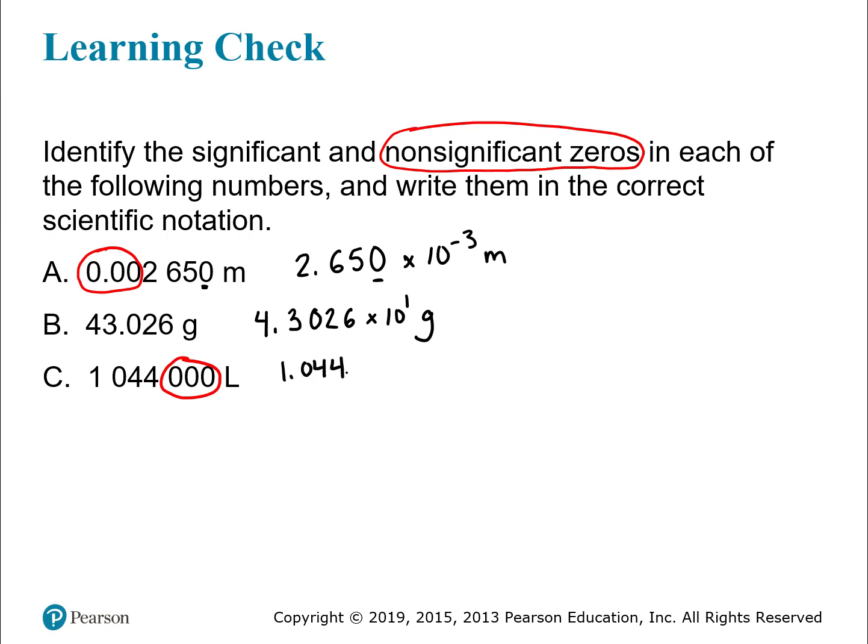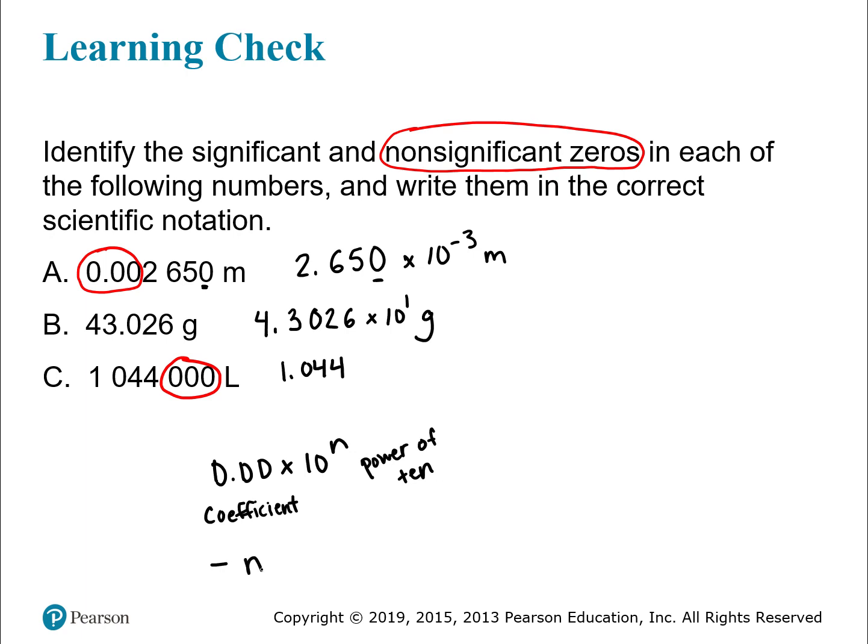1.044 is our coefficient. So remember, let's do a quick refresh. You've got your coefficient and your power of 10. The coefficient has to be at least 1 but less than 10. And then the power of 10, the n here, tells you how many decimal places you've moved.